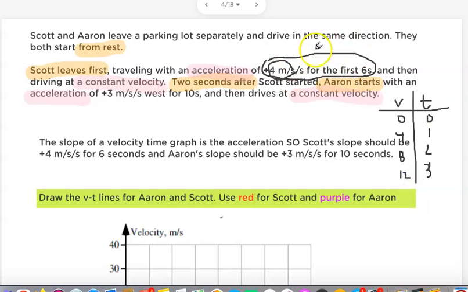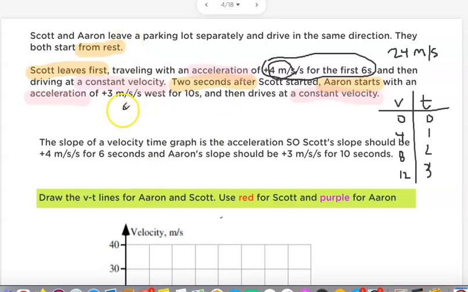So this becomes multiplication or repeated addition. So 6 times 4 is 24. The seconds cancel. And you're left with meters per second. So that tells me that if I accelerate at 4 meters per second for 6 seconds, and I start from rest, I will make it to a speed of 24 meters per second.